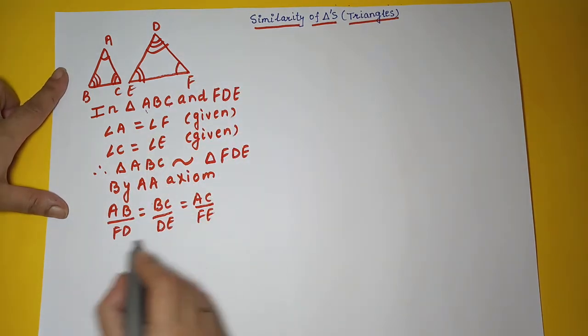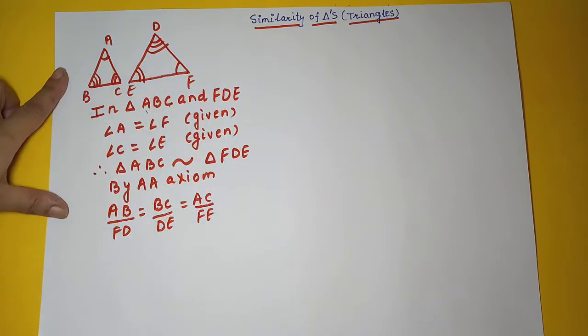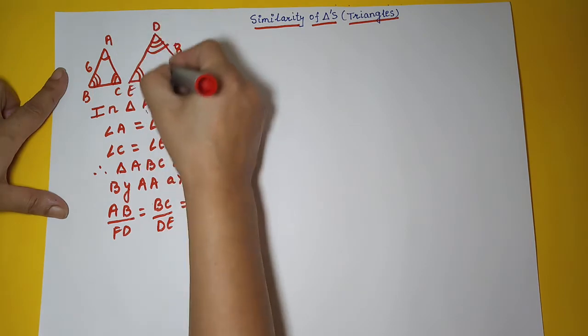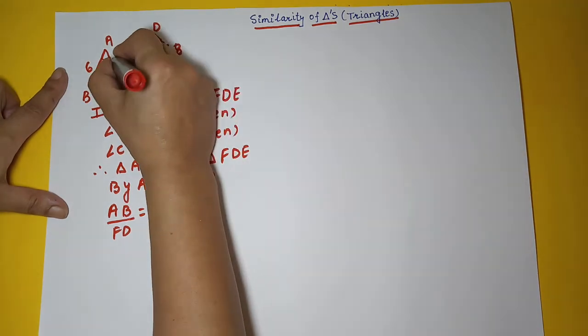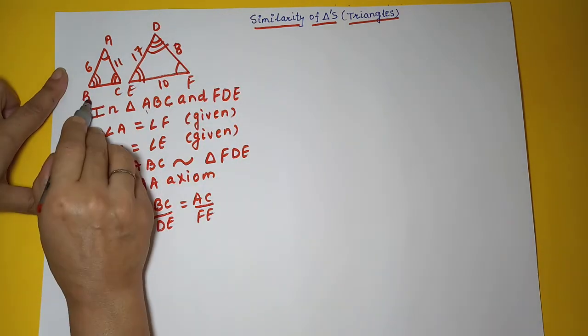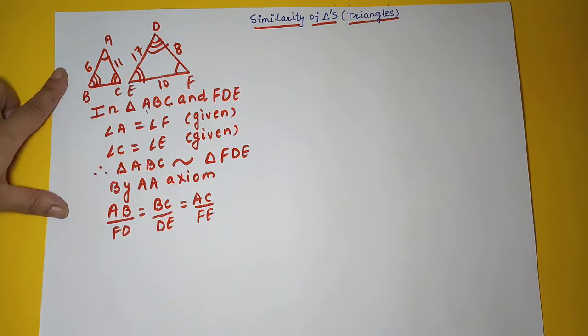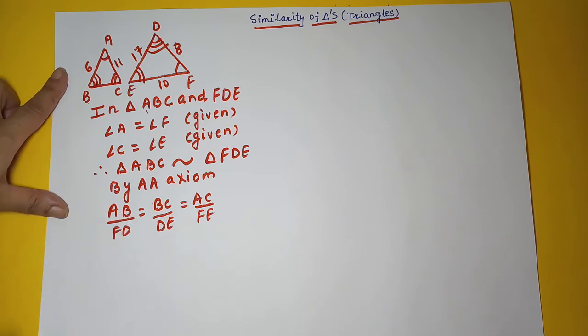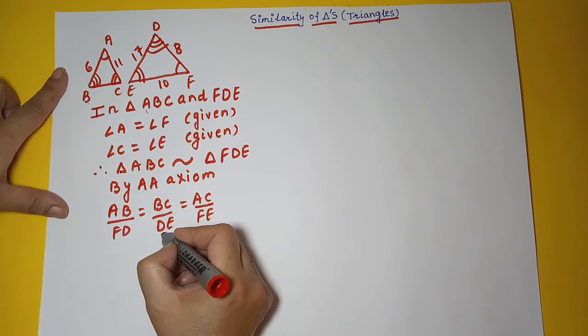Now you may use this in finding the sides of the triangle. Suppose this is given 8, this is given 6, this is given 10, this is given 11, this is given 17, and you are supposed to find the value of BC. So you will take this equality AB upon FD is equal to BC upon DE.